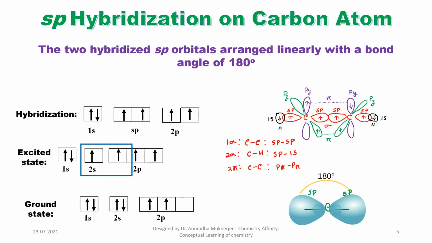overlapping. So I think now it is clear what the difference is between sp3, sp2 and sp hybridization on the carbon atom, and due to this kind of hybridization, the molecular geometry is going to change. Like sp3, these are tetrahedral, all hydrogen-carbon-hydrogen bond angles are 109 degrees.